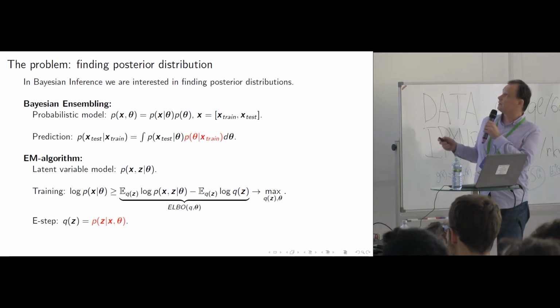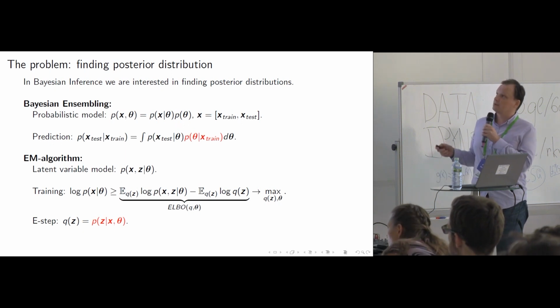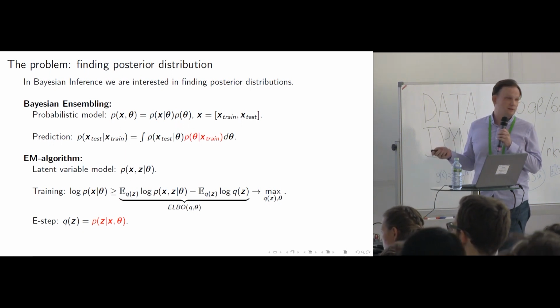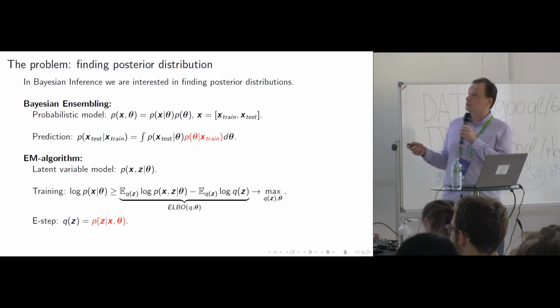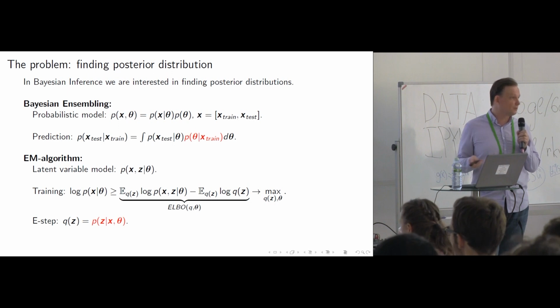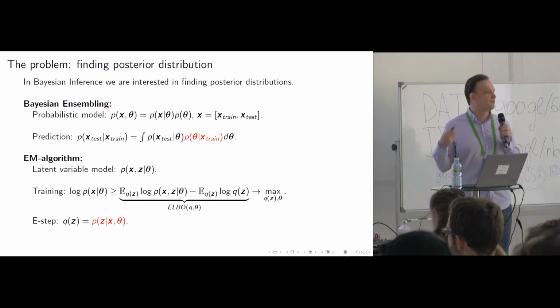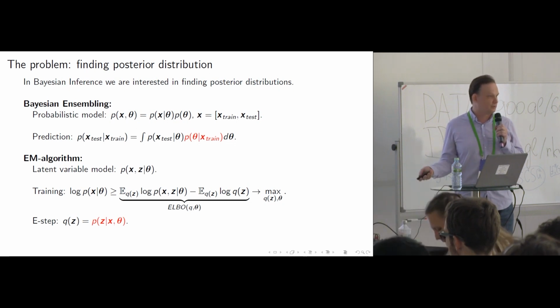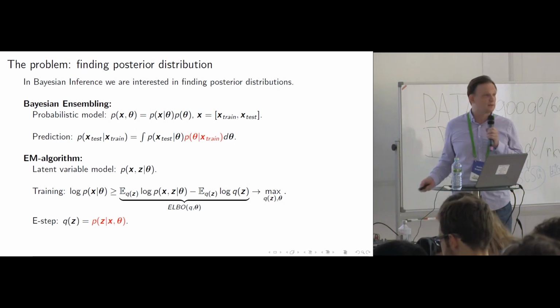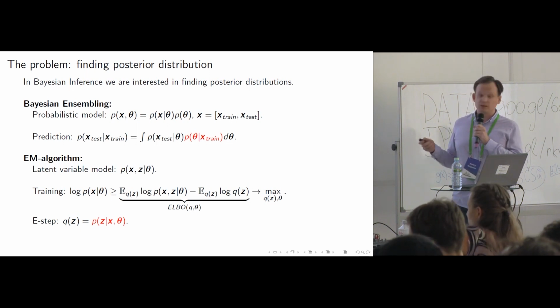We have here a train set, a test set, some likelihood function of our data set given parameters theta, and also a prior distribution of parameters for our model. If we are fully Bayesian on the test set, we need to calculate the posterior distribution of the variables that we are actually interested in, meaning the test set, given everything that we know from our training set, X train.